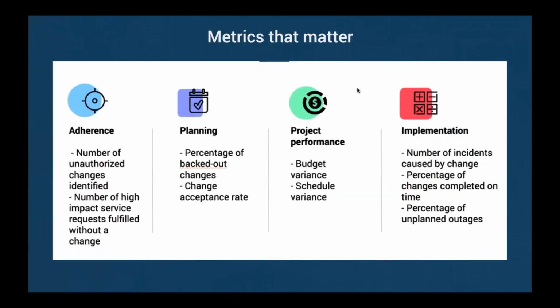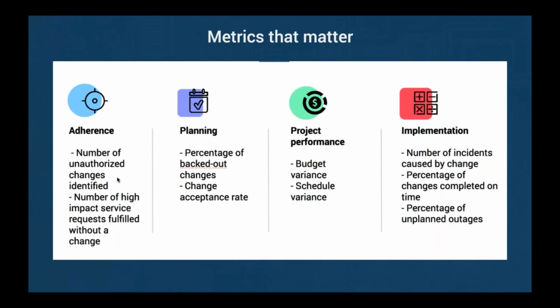Some of the quick things that I would like to recap in this webinar. There are a few metrics that you'd like to follow with regards to change in projects. This is the list of reports that you can run to ensure the adherence of process. The number of unauthorized changes identified in your infrastructure should be reported. The number of high impact service requests fulfilled without a change should also be accounted for.